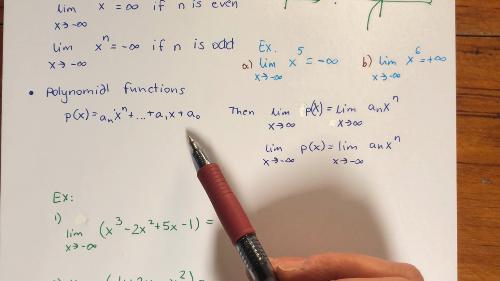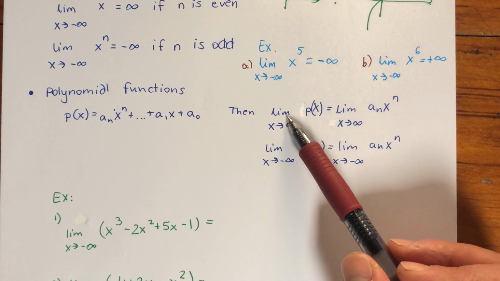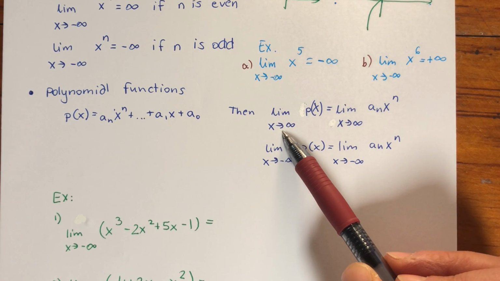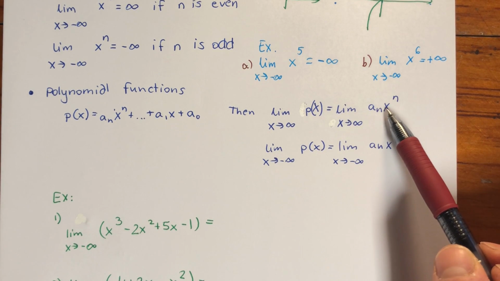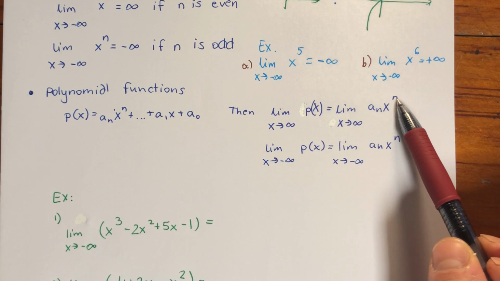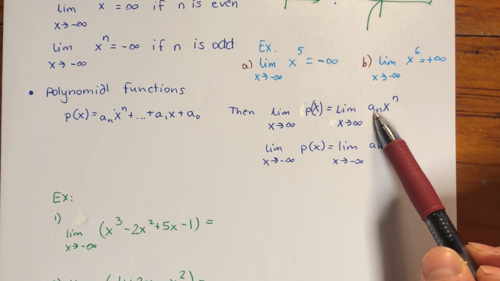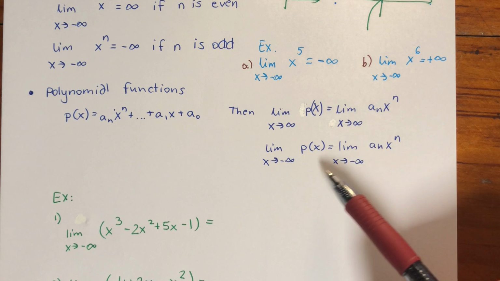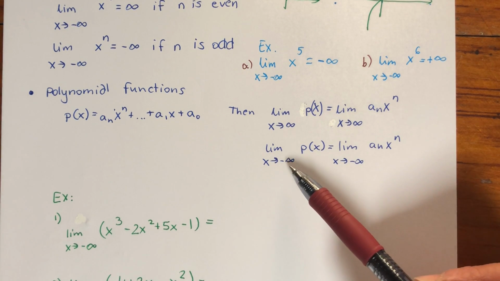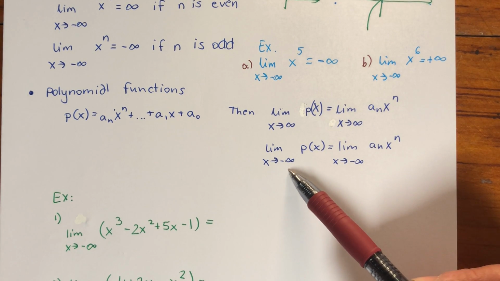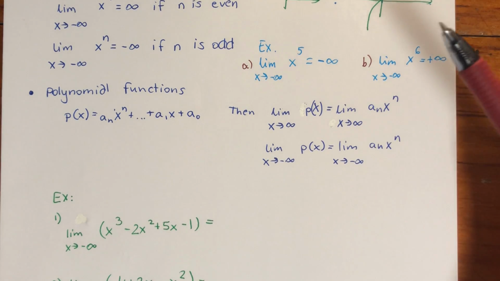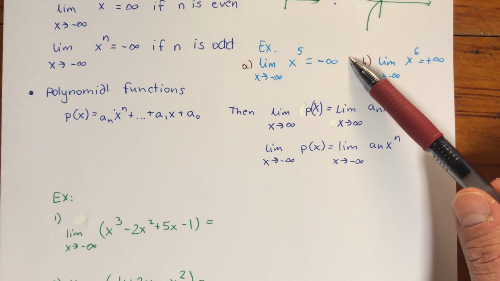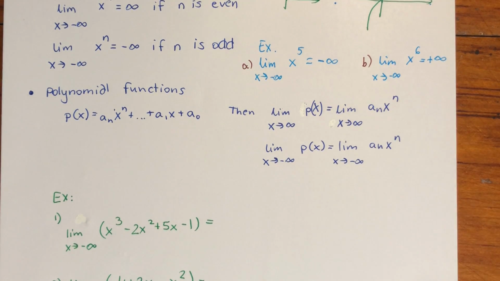But whatever your polynomial is, the limit as x approaches positive infinity is going to be equivalent to the limit of the term with the highest exponent along with its coefficient, and I will show you what to do with the coefficients in a second. And then the same thing is going to happen when you are looking at the limit as x approaches negative infinity. Where is this bringing us? This is bringing us to what the limits were for the power function. So let's take a look at examples.